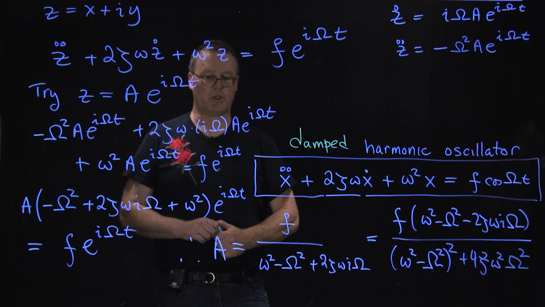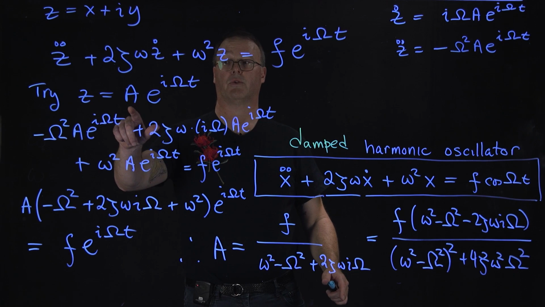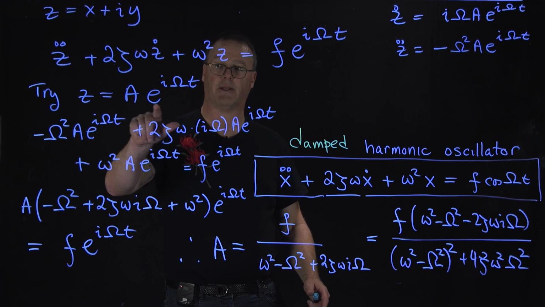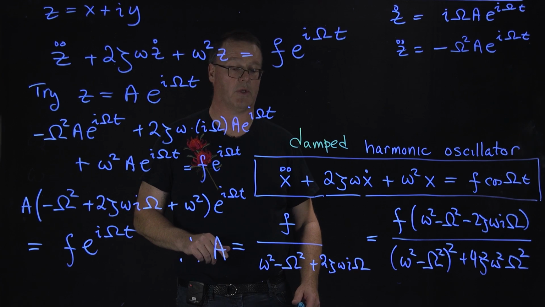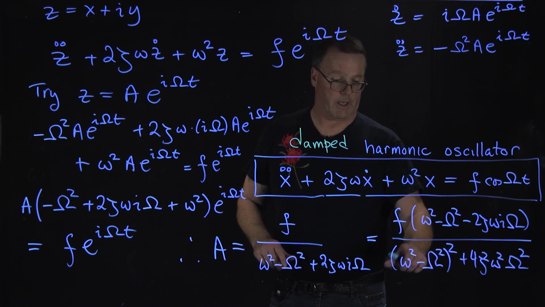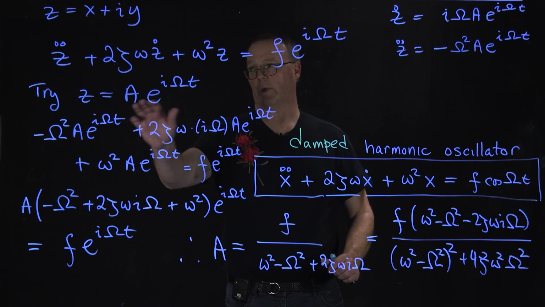And now we're in a position to say what the real part of our solution is. We can say what the real part of A times e to the i omega t is, because we have the real and imaginary parts in a separable way.